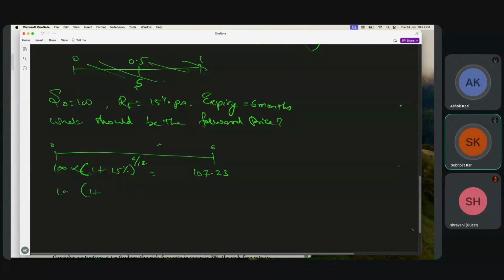If you do 1.075, check how much you are getting now. Some decimal differences will come. It's like 107.5. So that is wrong, no? Yes, like this, 0.30 difference. Now I'll extend this question further.